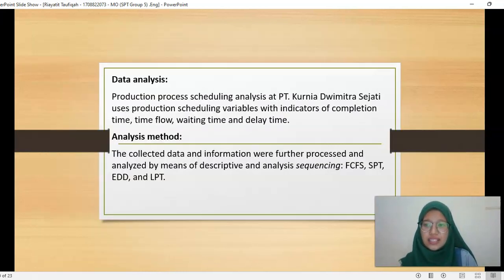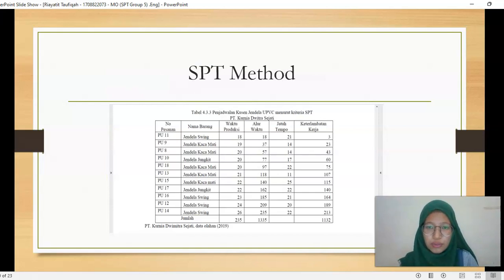And for data analysis and analysis method, it's similar to the 2 previous analyses. And we move to the SPT method. From this table, we can see that there are 11 orders, and this is the time of orders, the processing time, the flow time, the deadline, and also the delays.